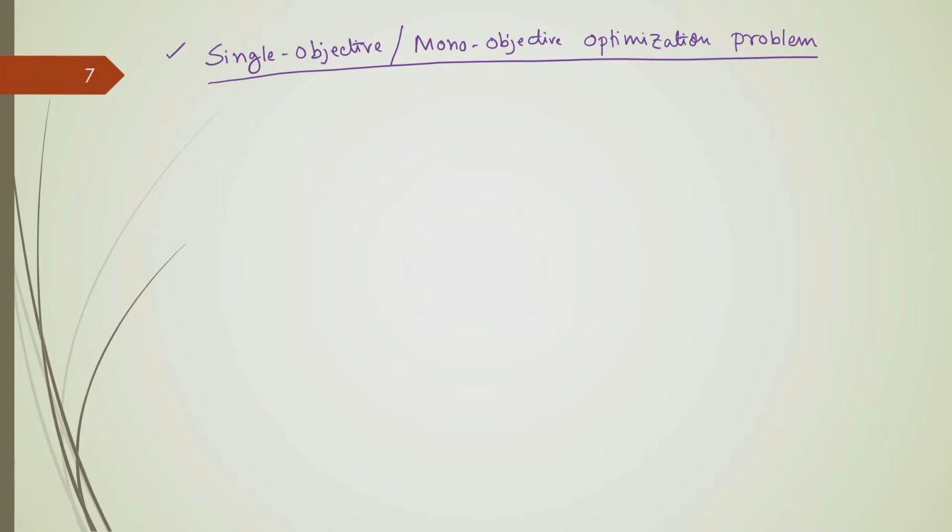All right. Now, we also have two different types of single objective optimization problem. One is called unconstrained optimization problem, another is called constrained optimization problem.